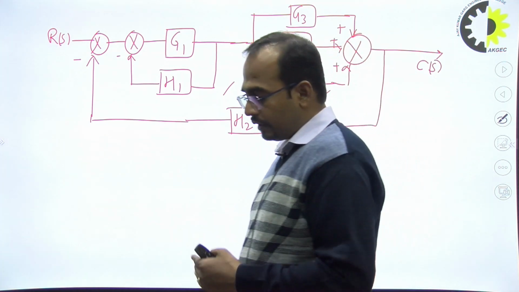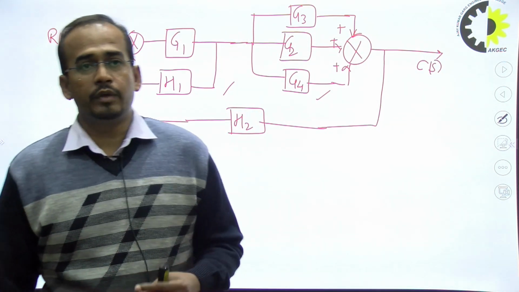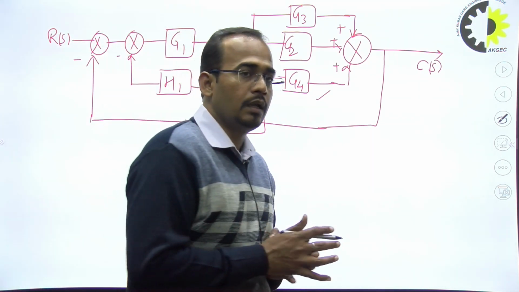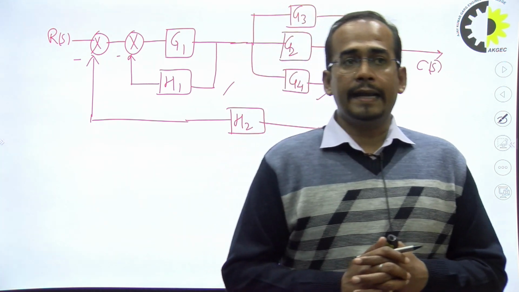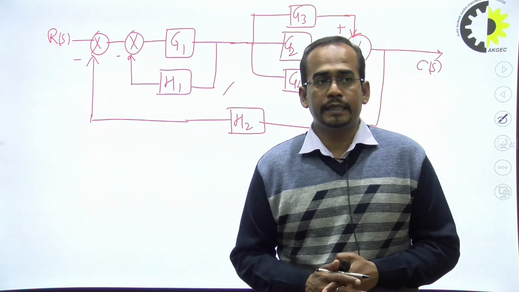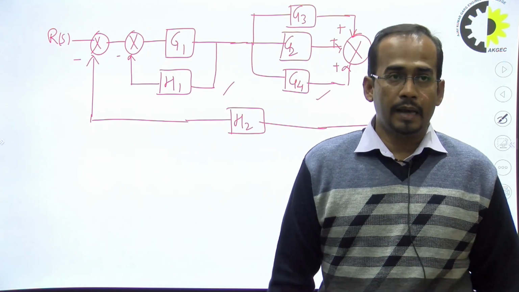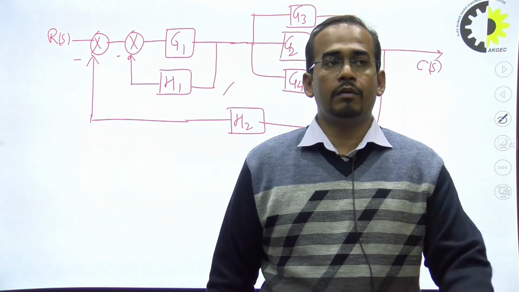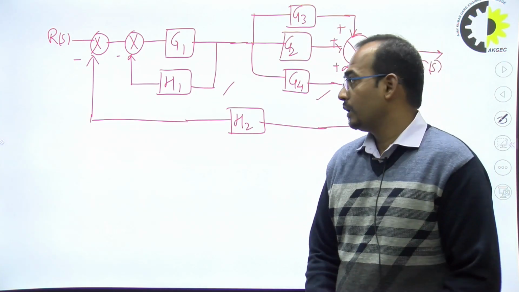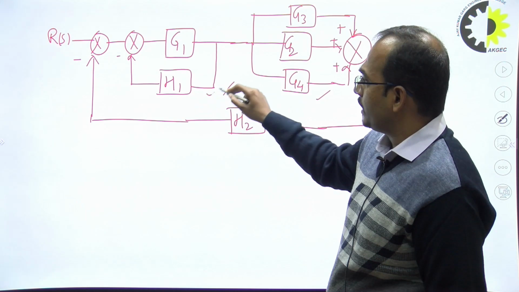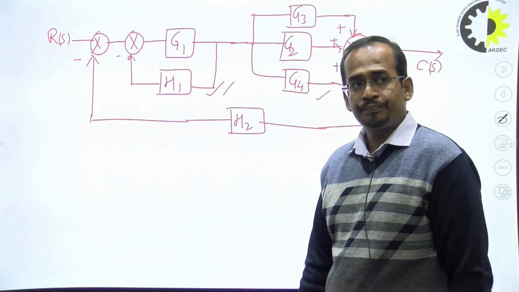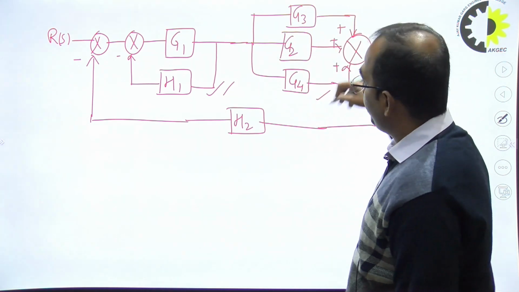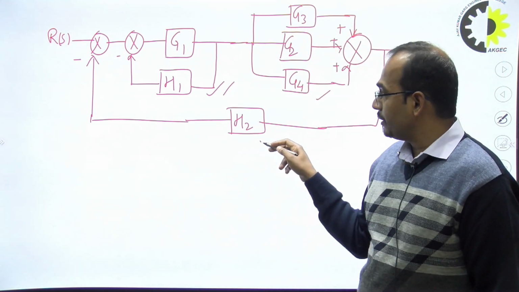Whenever we are performing block diagram reduction, we first have to identify how many blocks are connected in series, how many in parallel, and whether there is any connection giving the standard canonical form of the closed loop control system. It is clear that this is the standard canonical form of the closed loop system. It is also clear that these are connected in parallel and this is the feedback path.